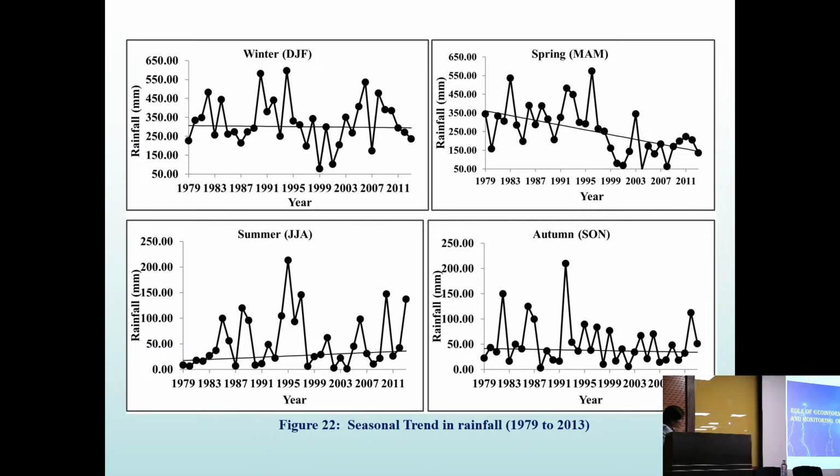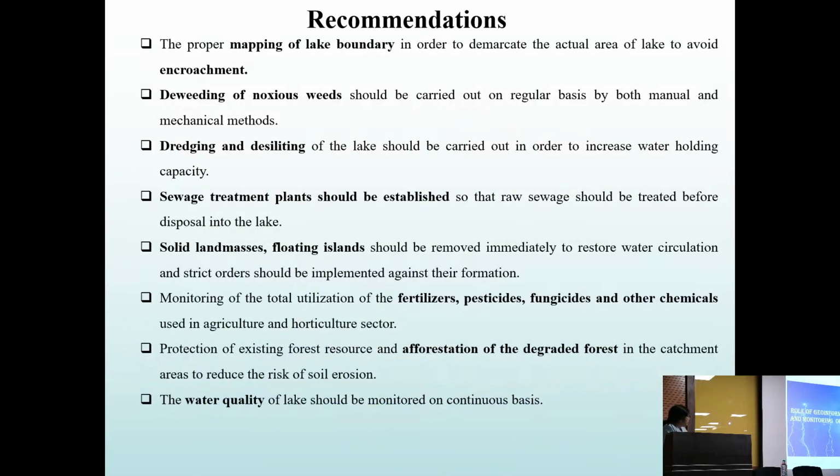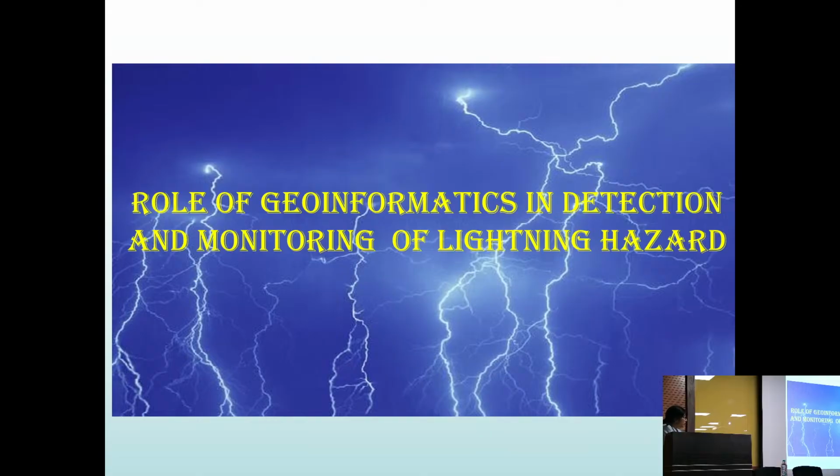Now there is another application, and this particular application is related to which season? Pre-monsoon and monsoon. Lightning. The only hazard particularly for Ranchi and surrounding districts is lightning. Ranchi is safe from every other hazard.